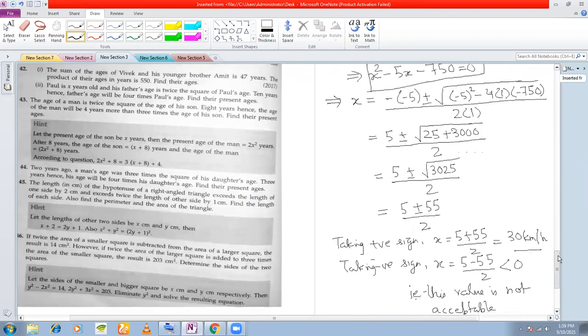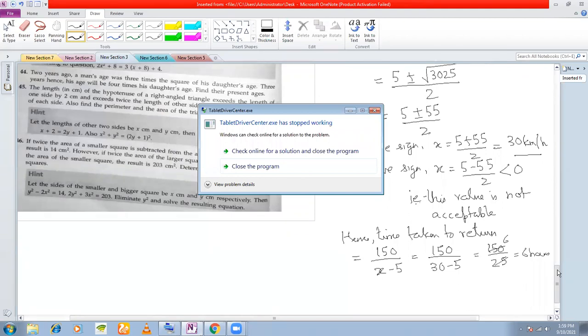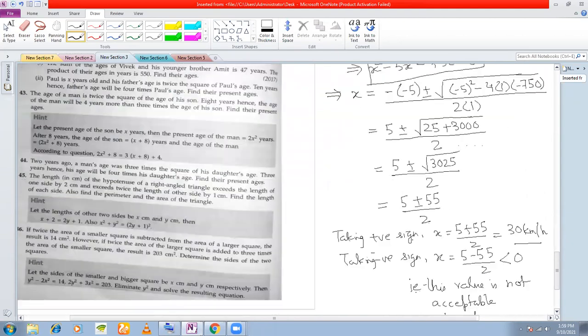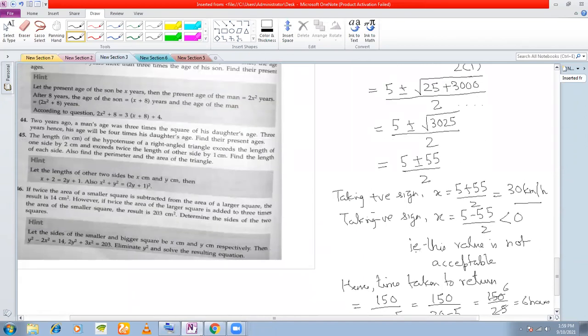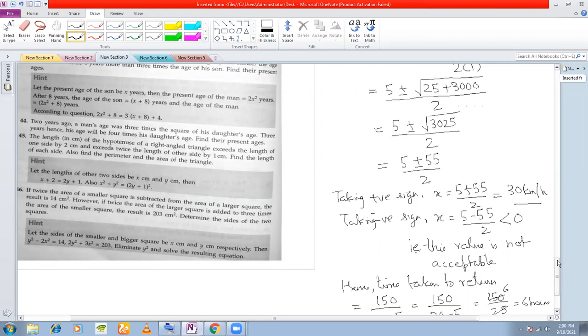Because if I give you a third question as what is the original speed of the bus, and I give you one of these options.